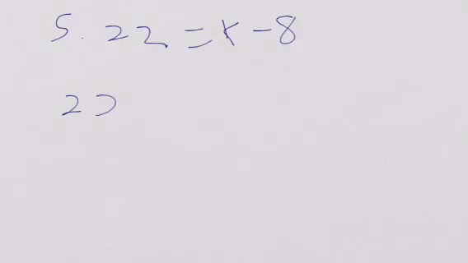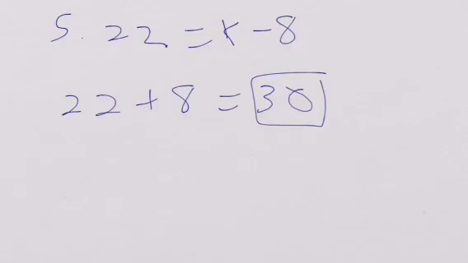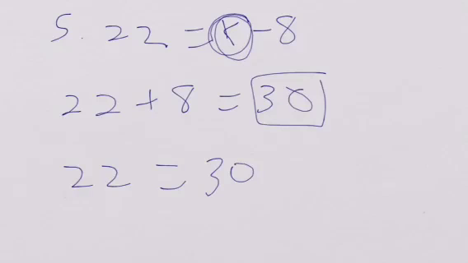So 22 plus 8 equals 30. So 30 must be our missing number, so let's plug it in. 22 equals, we're going to replace this k, and we would have 30 minus 8. That's 22 equals 22. So that is the answer to that one.